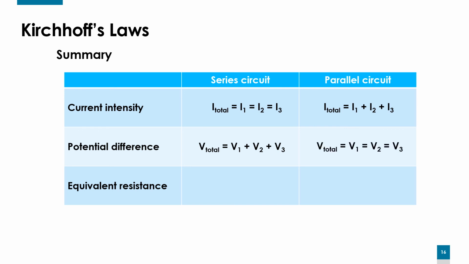In a parallel circuit, it is the same. My equivalent resistance in a series circuit is the sum of each of them. In a parallel circuit, it is the inverse, so you need to invert them before summing. Okay? So this you need to know, or at least you need to look at this chart and understand what it is telling you.